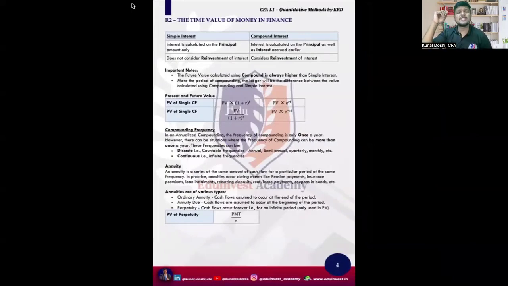The first two topics actually have a lot of variety of questions because they've mixed up everything from here and there, and many of the students have the issue. The reason I'm going slow and in depth about all of this is so that you do not face those issues when I go to fixed income and equity. At that time, you're not wondering what is this calculator function, how to use it.